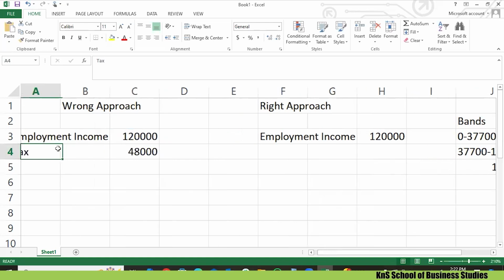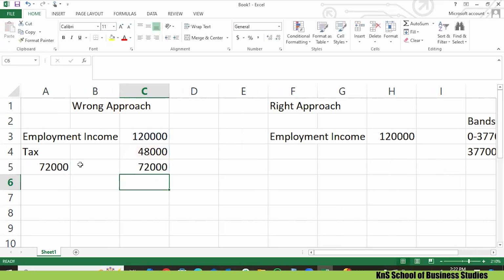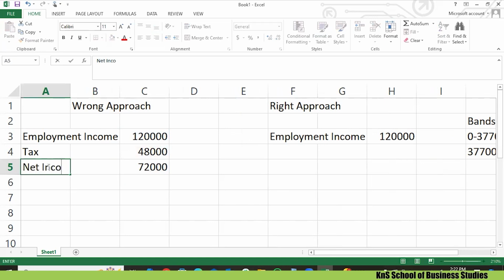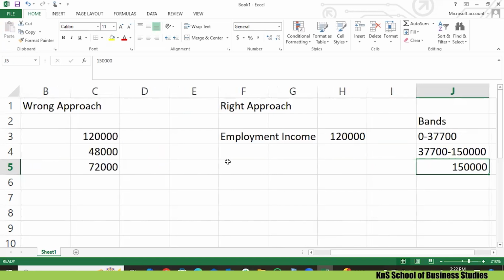Your answer comes up 48,000, and there you subtract it and you say that my net income, call it taxable income, is 72,000.